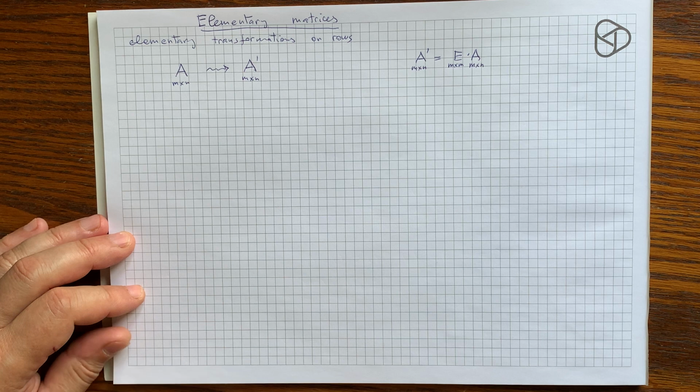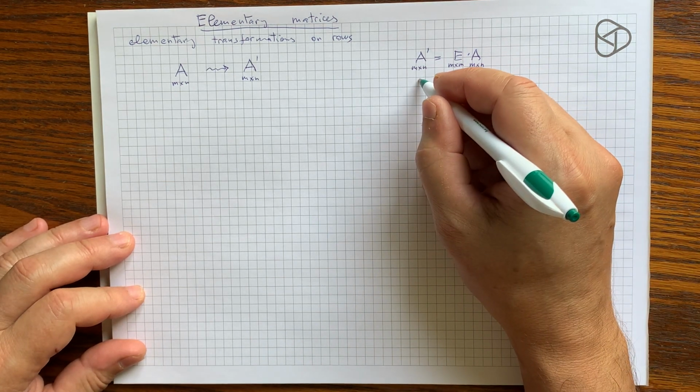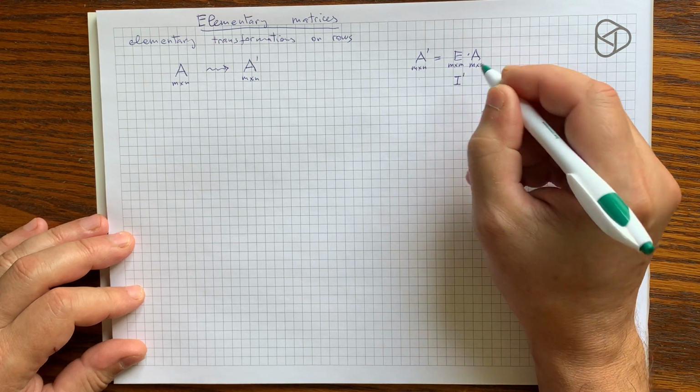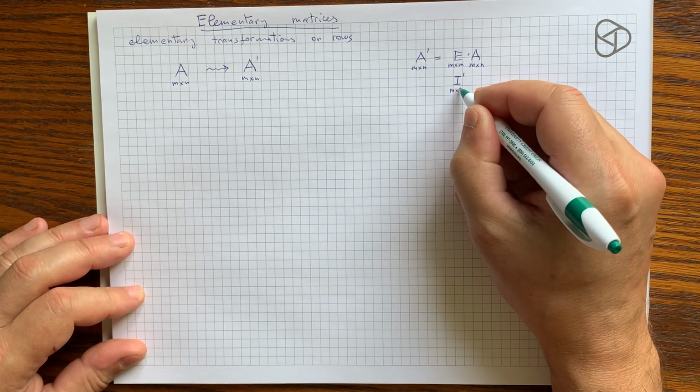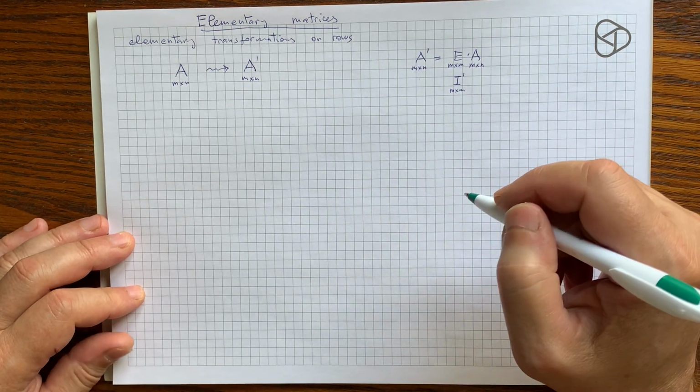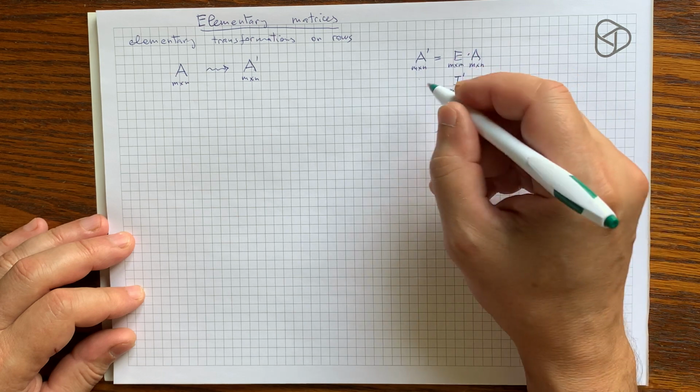So from this desire, from just wanting to have that, we can really immediately get the answer for these elementary matrices. Whatever transformation we do, we can do it, say, with the identity matrix of size m by m, and that is this prime. It's just the result of elementary transformation in question.